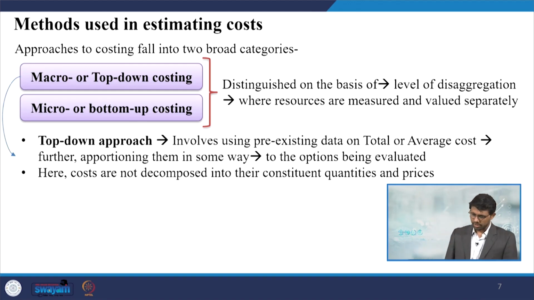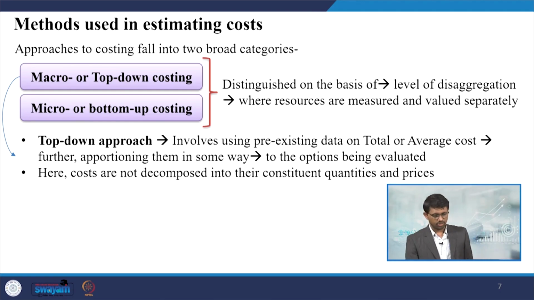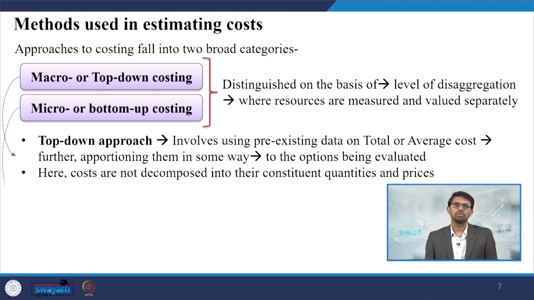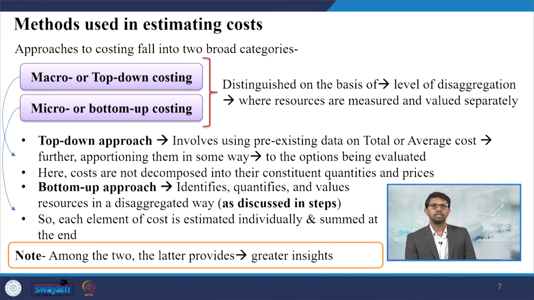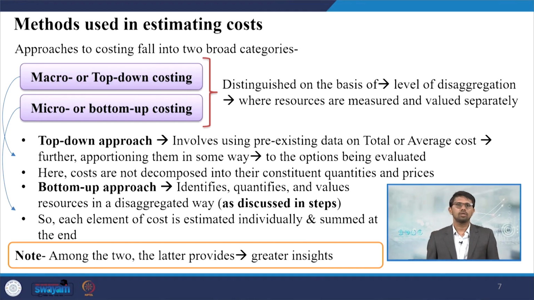I think we have already given this, you can just follow between the lines. So far as the top down approach is concerned, this involves using pre-existing data or total average cost, and apportioning them in some way to the options being evaluated. Here the costs are not decomposed into their constituent quantities and prices.